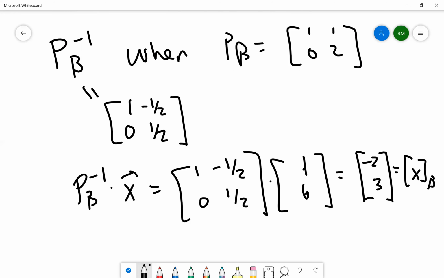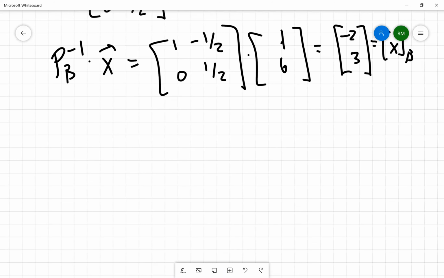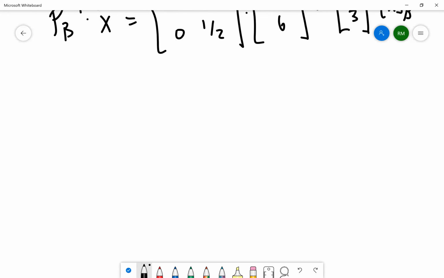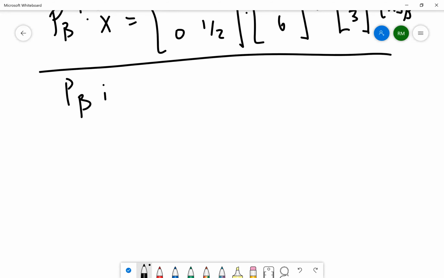So one thing we should observe is that P beta is an invertible matrix, just like we have seen before.